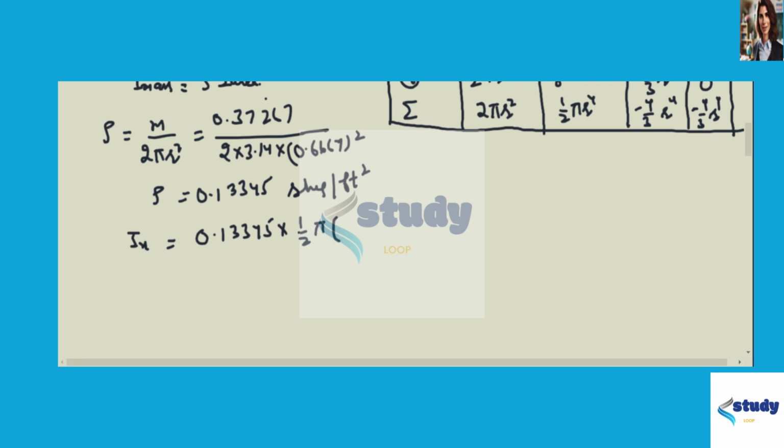R is 0.667 to the power 4. So on solving it, it will be 0.041407 slug feet square.